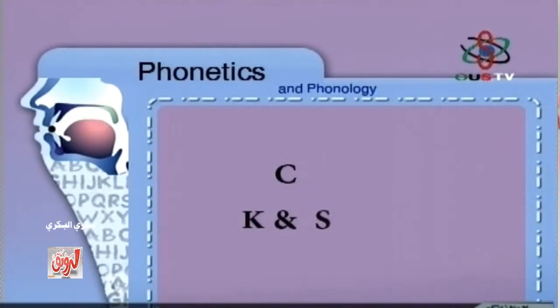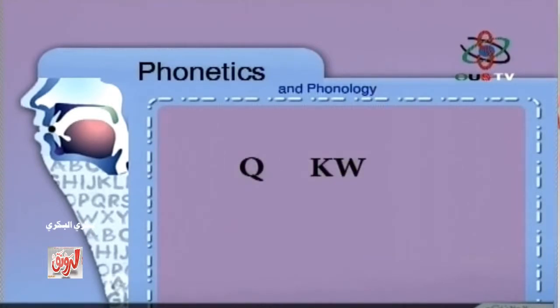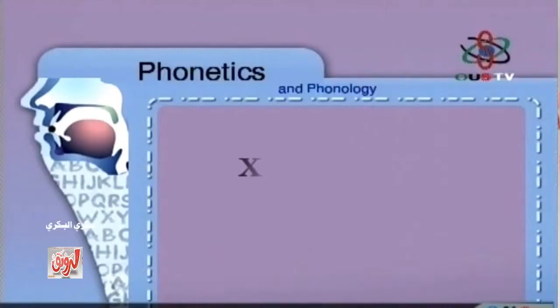And we have the letter K and the letter S in English. What is the point of having a letter C? Then the letter Q. Q is pronounced as kw or ky, like queen, quick. And the letter X is always pronounced K and S. Tax, mix, fix, box. So these 3 letters are useless.